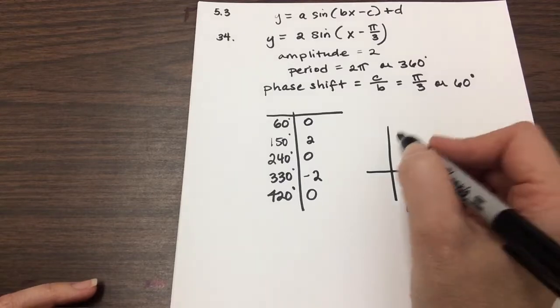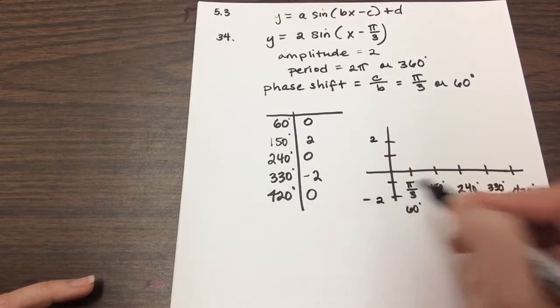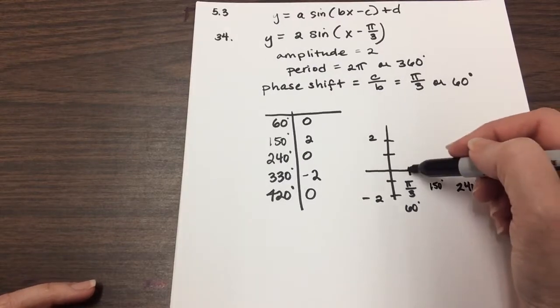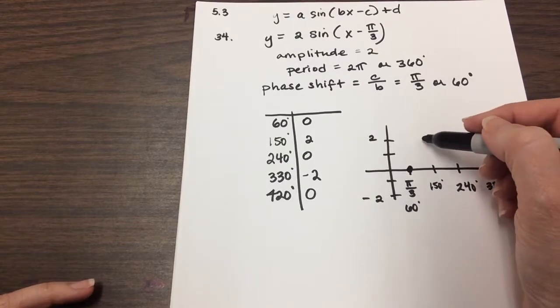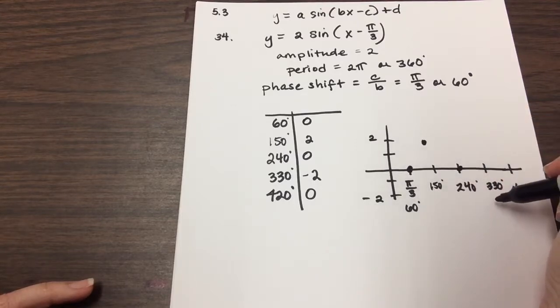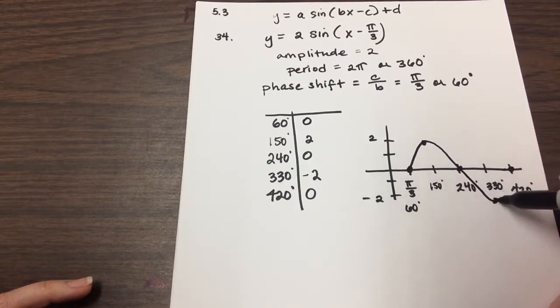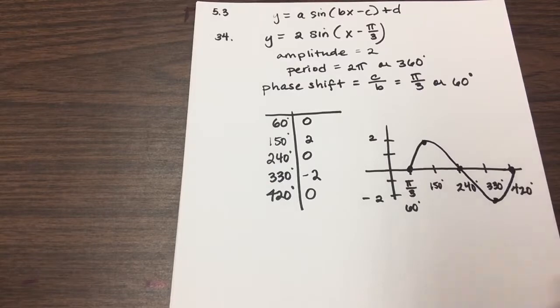Alright, so I'm labeling that. I'm going up to 2, down to negative 2. I'm starting at 0, up to 2, back down to 0, down to negative 2, and then back up to 0. And that's what that graph looks like.